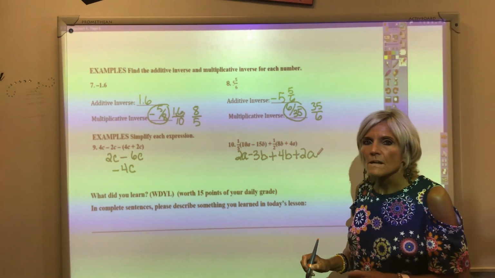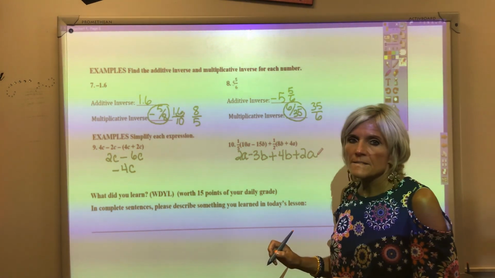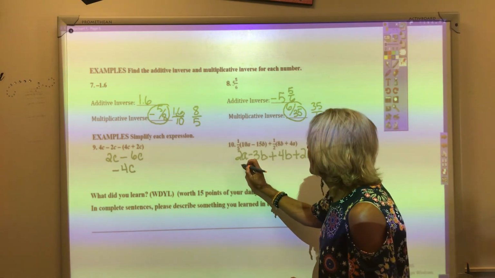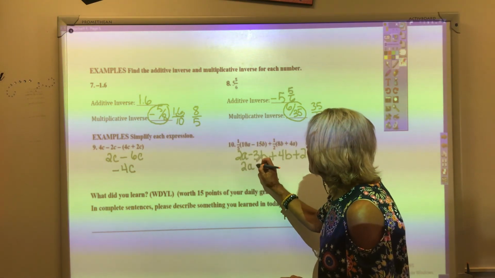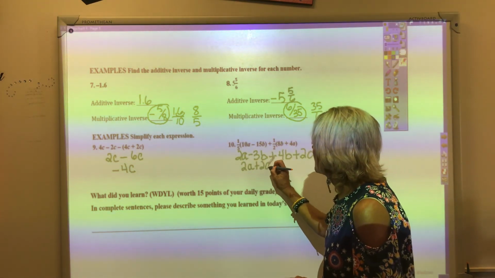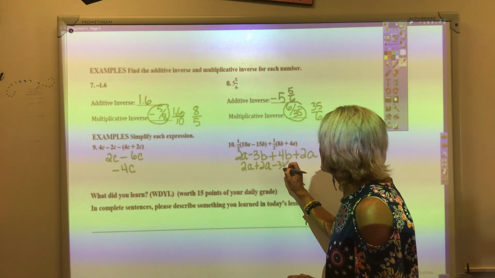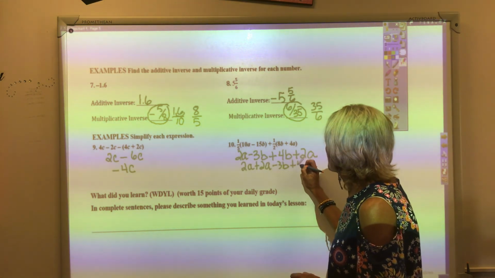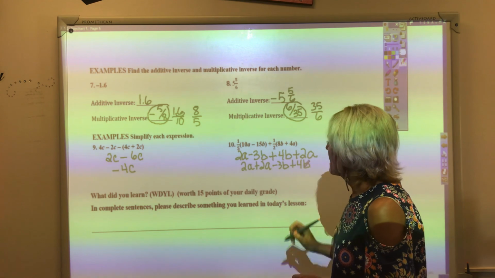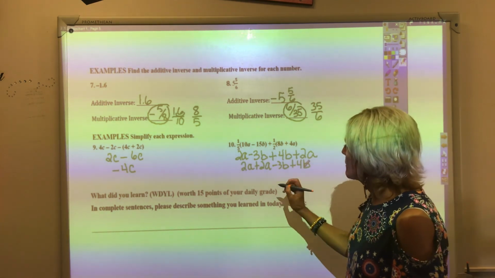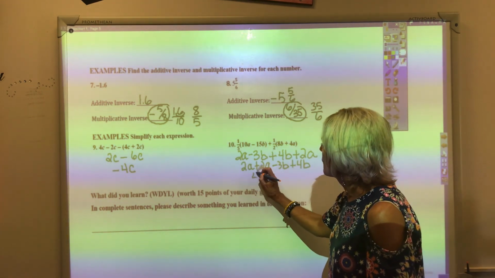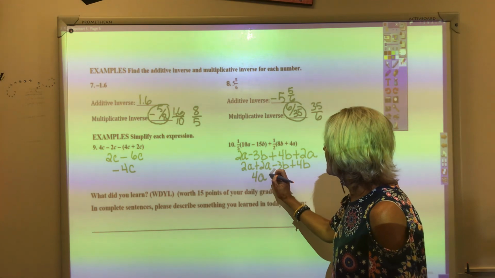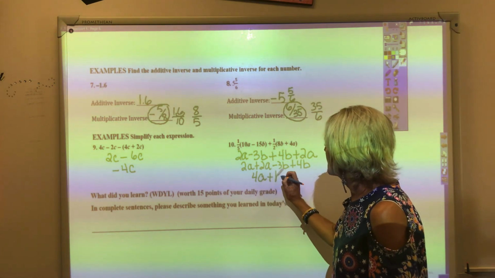Then we might use the commutative property to put the a's and the b's together. So we would have 2a plus 2a minus 3b plus 4b. Might make it easier to see that our final answer is 4a plus b.